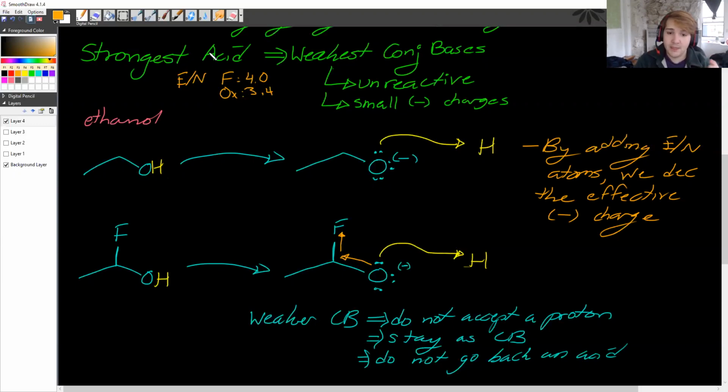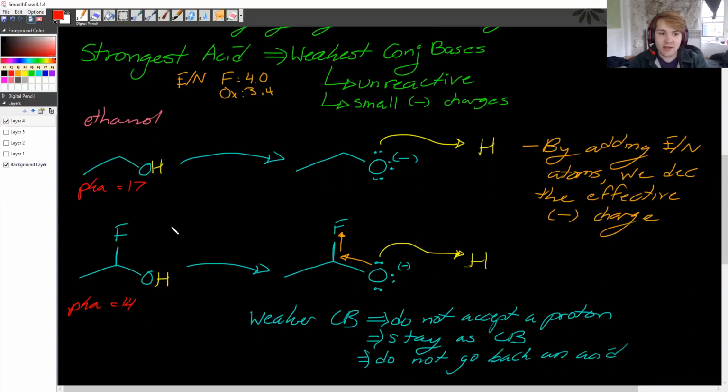Cool. And so what we can see is that the pKa of this acid over here is somewhere around, I don't know, maybe it's 17 for ethanol, whereas the pKa for this guy is probably somewhere around 12. Maybe that's a little bit, maybe around 14.